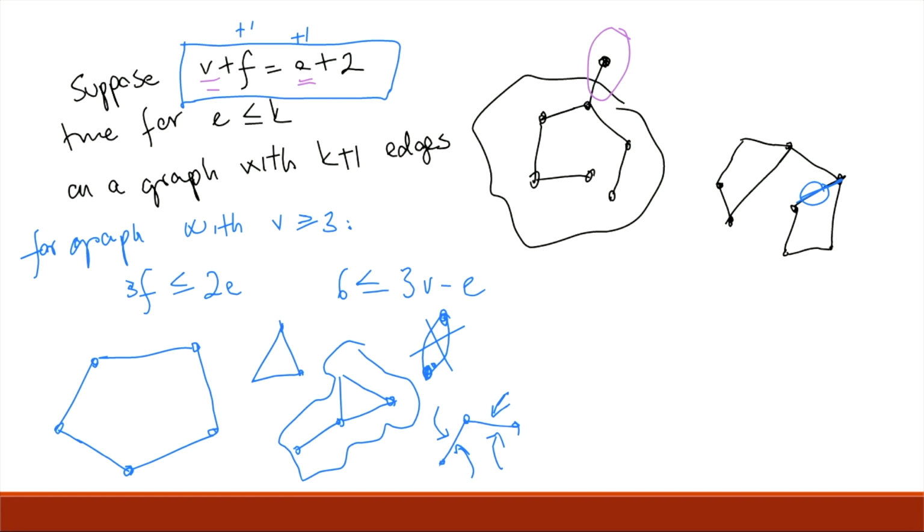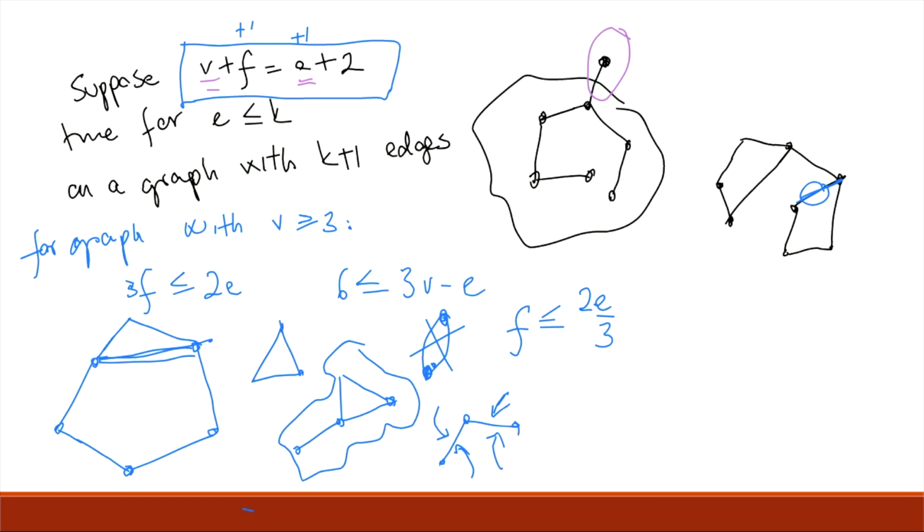But even if you look at the 3 edges belonging to every inside face, every polygon, every edge is actually seen by 2 different polygons. So actually what we can see is the number of faces needs to be at most the number of edges divided by 3, because each face has 3 edges belonging to it, but we need to multiply the number of edges by 2, because every edge is next to 2 faces.